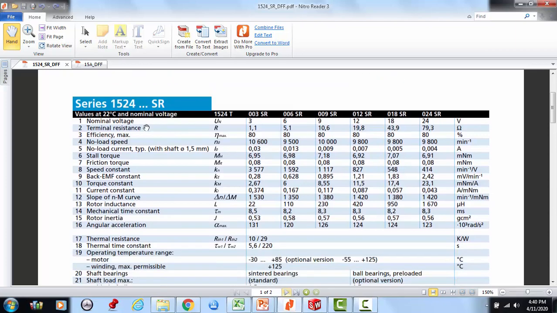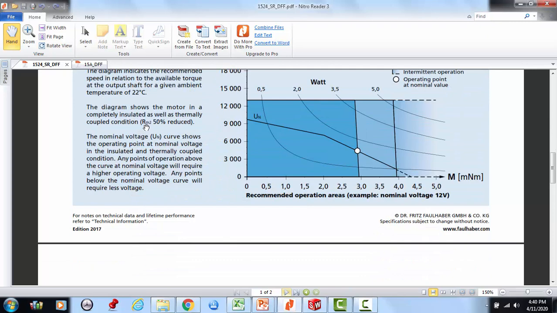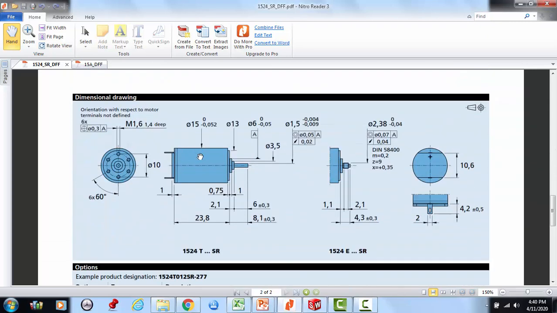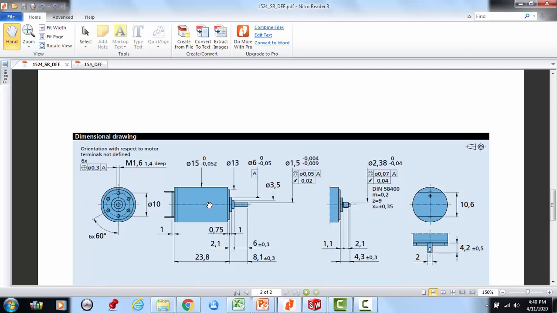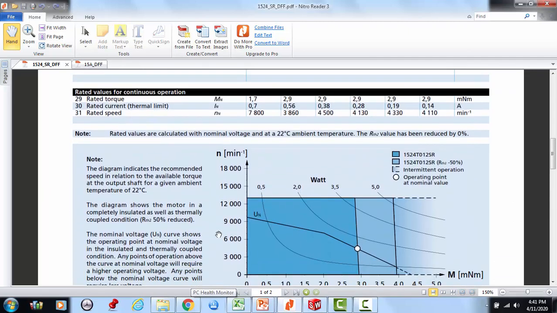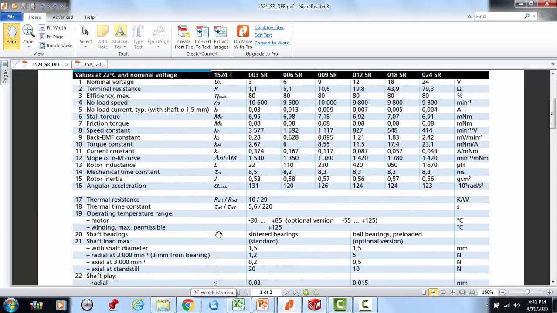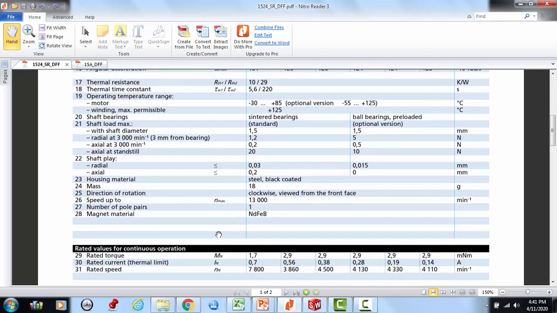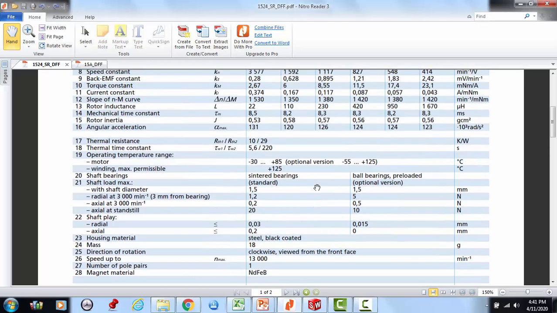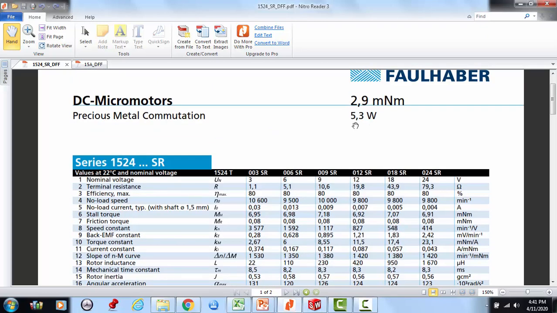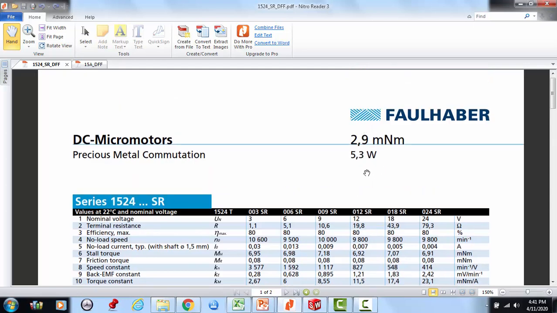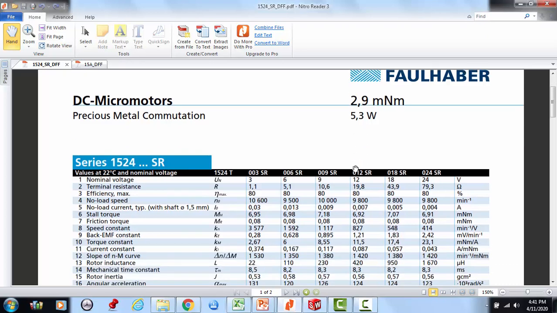It's a 15 millimeter diameter motor, 24 millimeters long, just to give you an idea. And what is its weight? Mass 18 grams, so it's not big. It says it's 5.3 watts. This is a German company, so the commas are used in place of decimals from the US perspective. So it's a 5.3 or 5 watt style of motor.